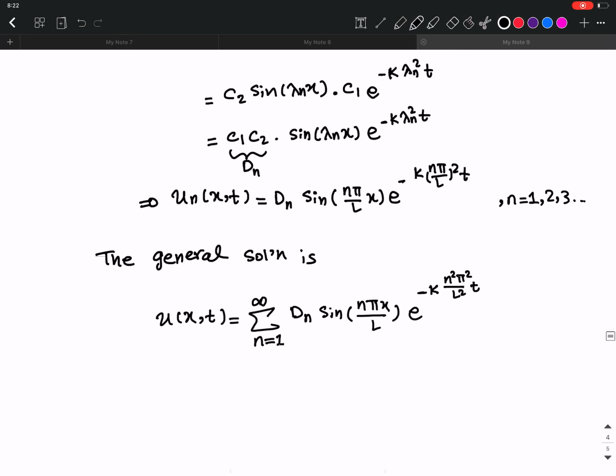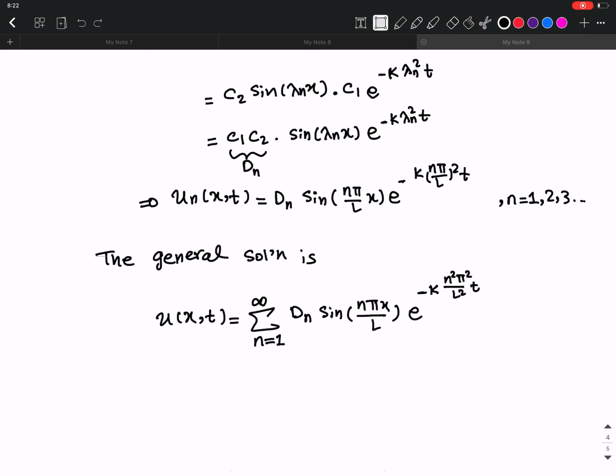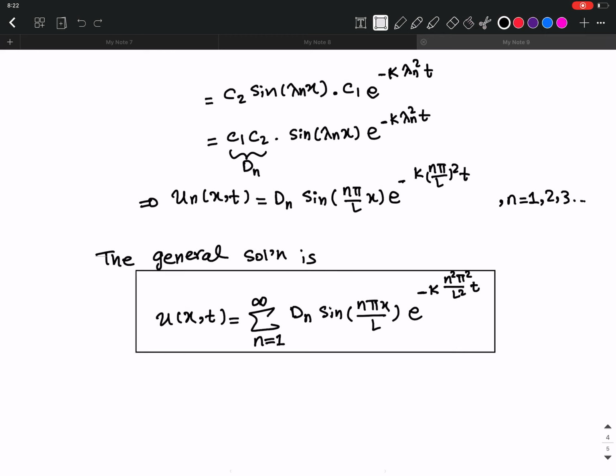Okay, so this is going to be the general solution of this PDE, and I'm going to keep it because this is an important result.